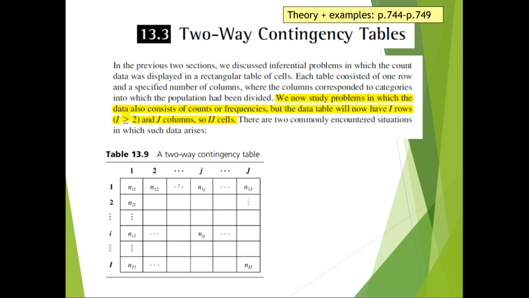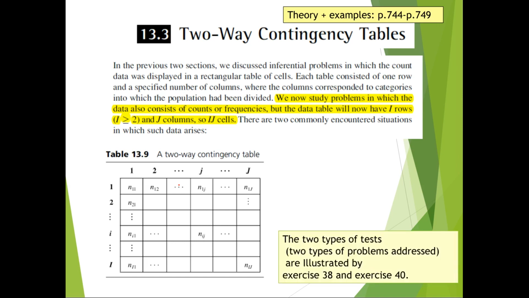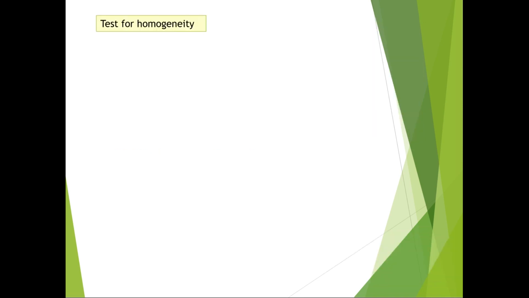Now, based on such a two-way contingency table, there's two types of tests, and I'm going to illustrate it first of all at the hand of exercise 38 and exercise 40. The test for homogeneity, for example, will answer a question like the following. Are male and female coaches homogeneous with respect to years of experience?